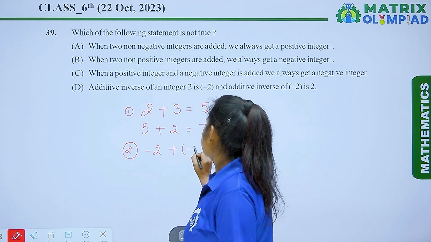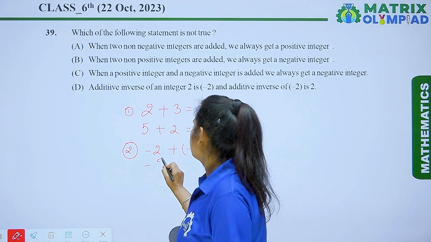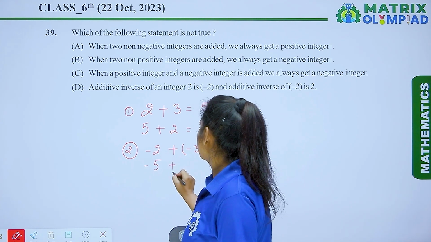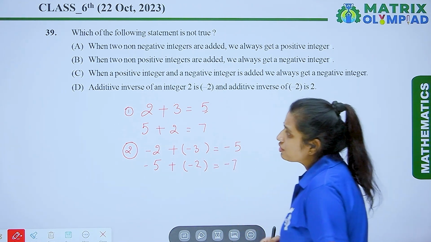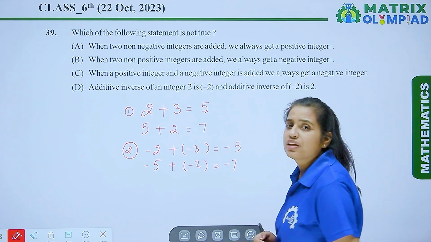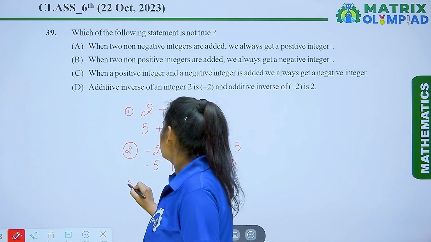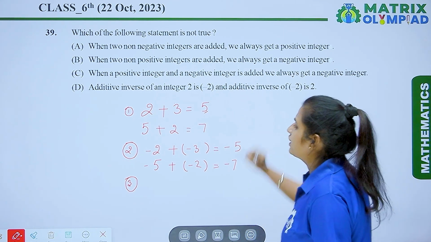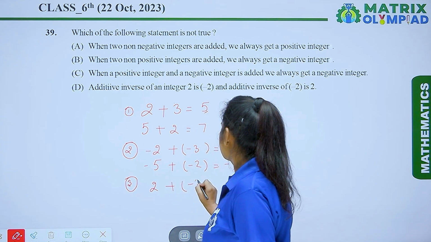Minus 2 plus minus 3 is minus 5. Minus 5 plus minus 2, that is minus 7. It means option B is correct as the result is in the negative form. Now let's check statement third. When a positive integer and a negative integer is added. Now the first number is positive and the second number is negative.